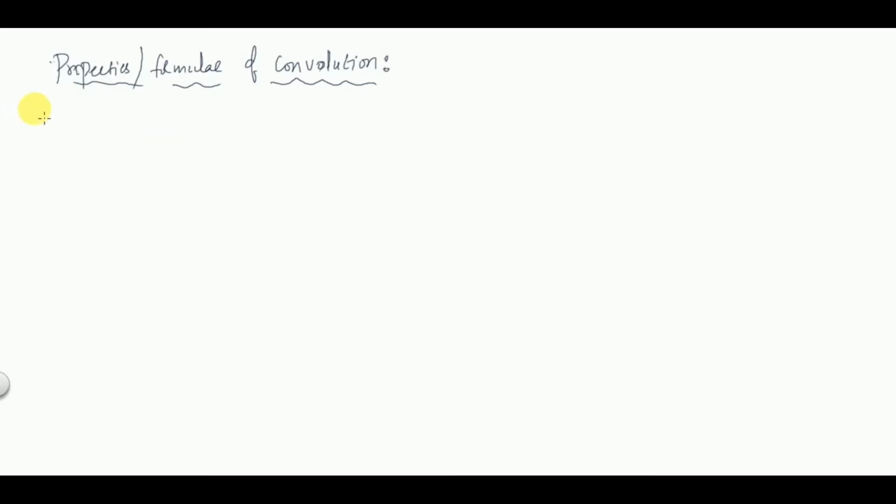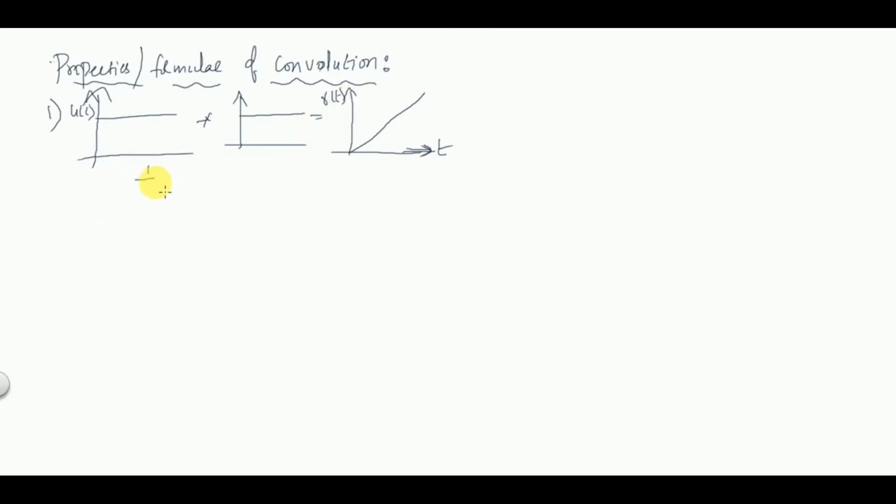So first of all, when a unit step signal u of t is convolved with itself, the resultant will be the ramp signal r of t. We can also prove this using Laplace transform.